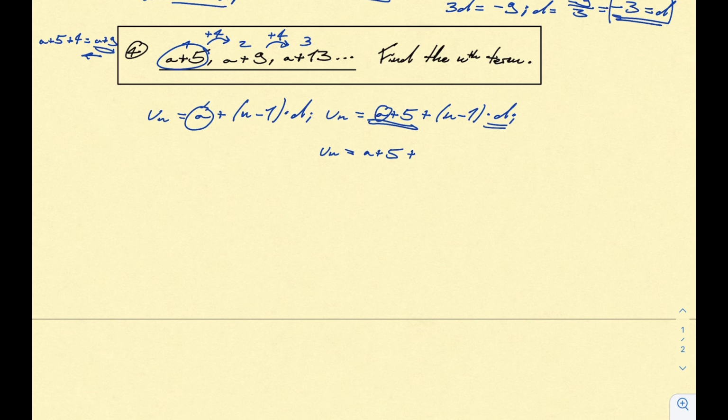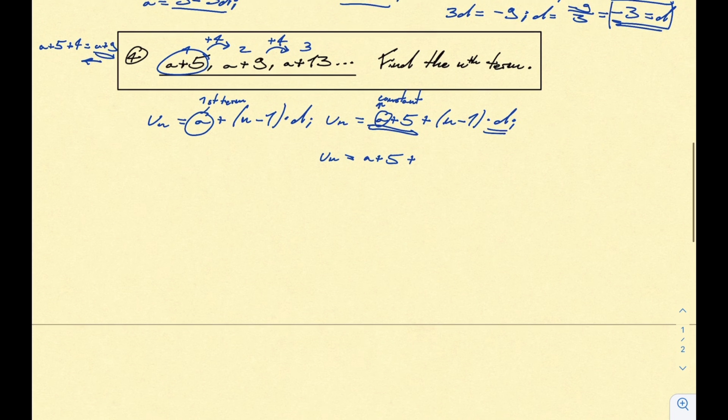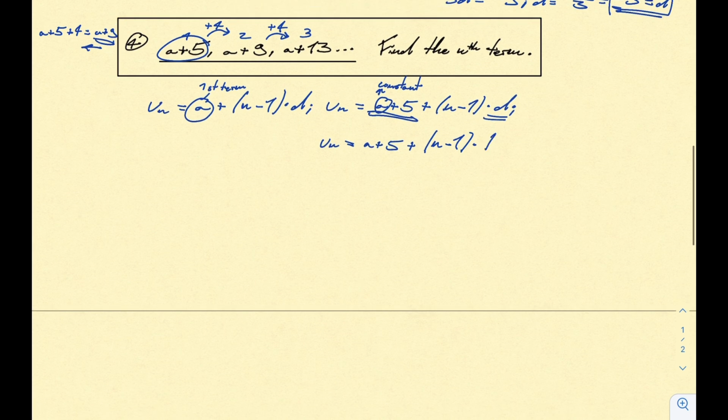This first a means first term, and this a is only a constant, right? Just so that it might confuse you a bit, but it's easier. It's not that difficult. So a plus 5, and now plus n minus 1 times the common difference, which is 4. We just saw that there's always a jump of 4 in between different terms in the sequence.